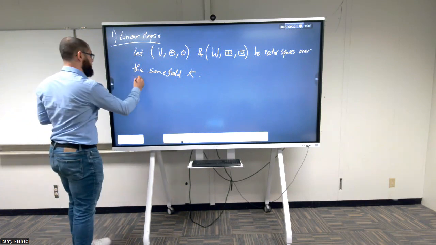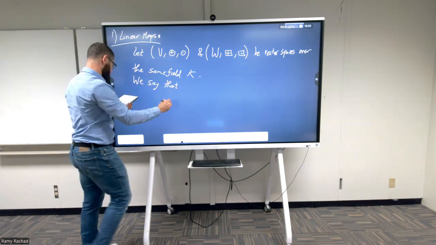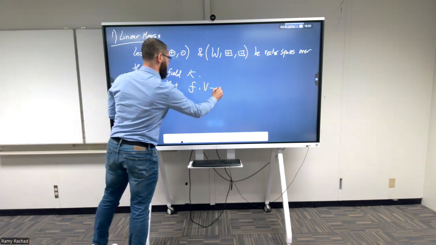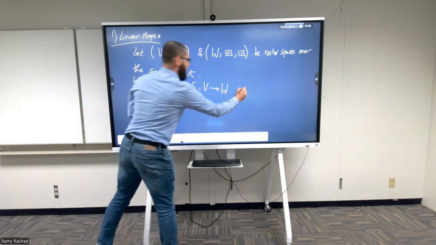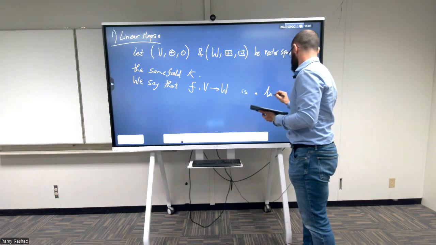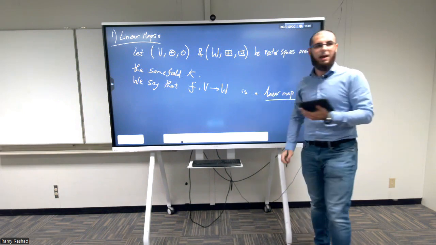We say that F, the map that goes from V to W, is a linear map. So this is the definition of what a linear map is.